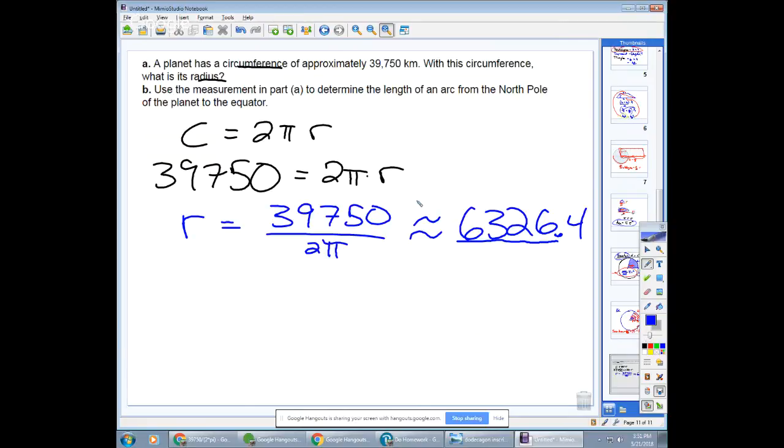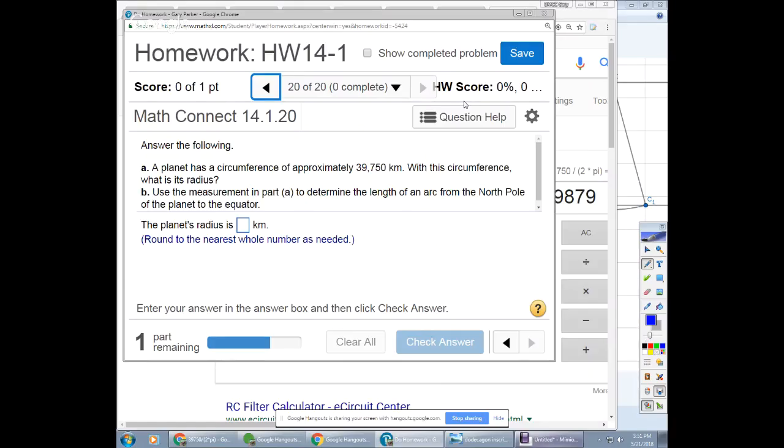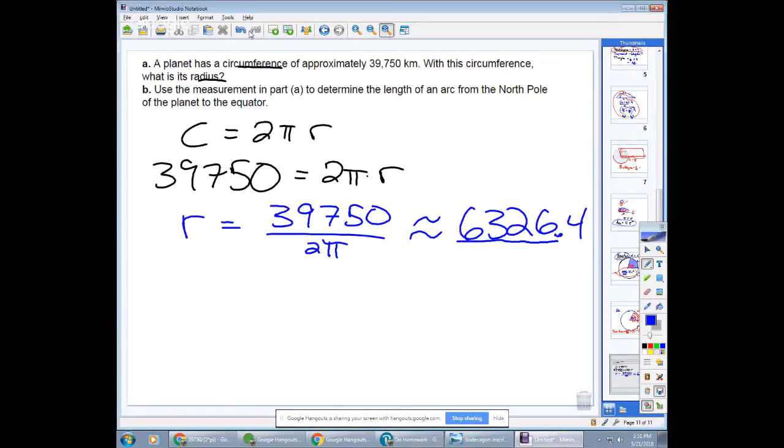All right, use the measurement in part A to determine the length of an arc from the North Pole to the equator. To do that, I'm going to draw my best picture of a planet down here. Planet's 3-dimensional, so here's the equator coming through and a dotted line going around. And then we've got a North Pole right there on top.